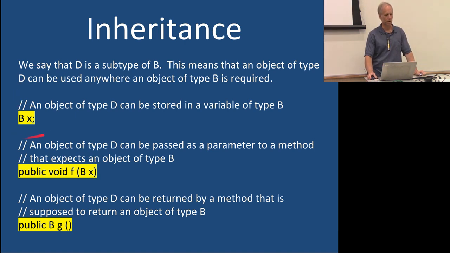Okay, so let me paraphrase. There are going to be some methods you expect to be able to run on X, namely the ones defined in the class B. But won't all those methods be available on an object of type D? How do you know that any method you're expecting to run on a B exists in D? Well, that's the point.